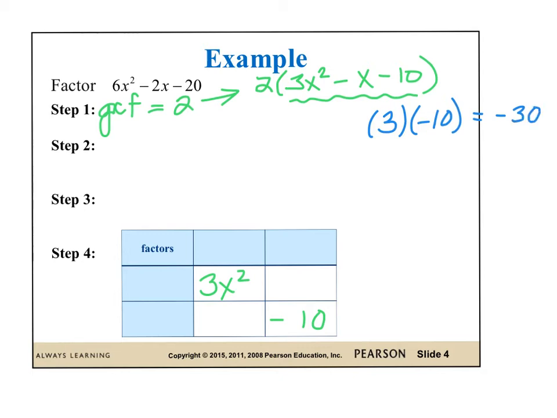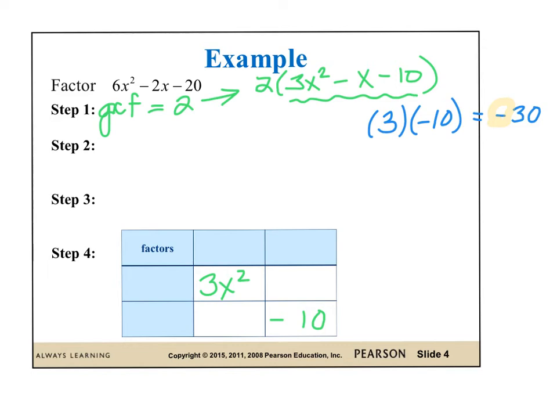Now, the fact that our sign is negative tells us something important. It tells us that our two factors must have different signs, one positive and one negative. And so what we do is we start writing the factors of 30, and remember that the signs on our two factors ultimately are going to have to be different.